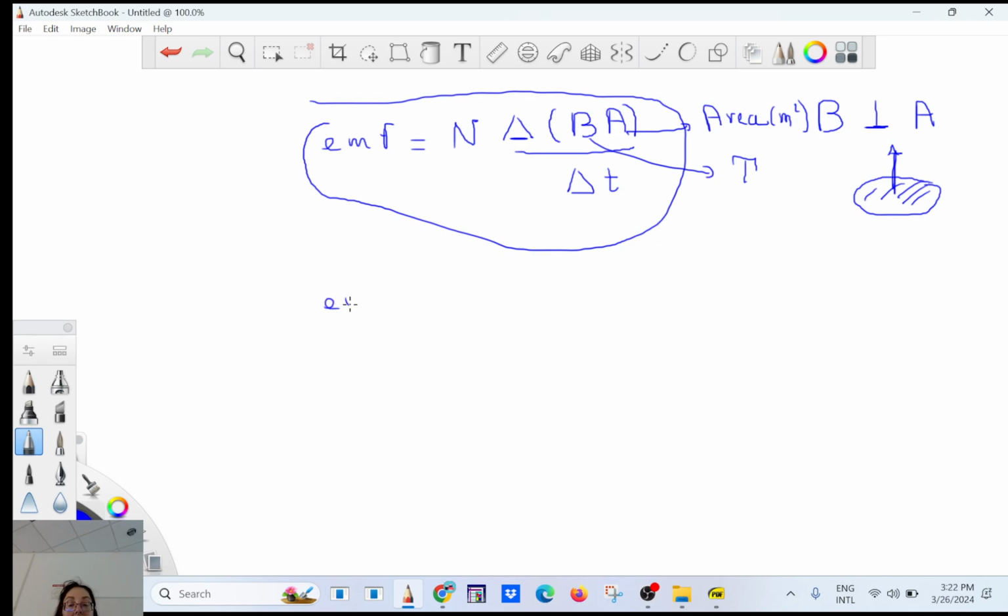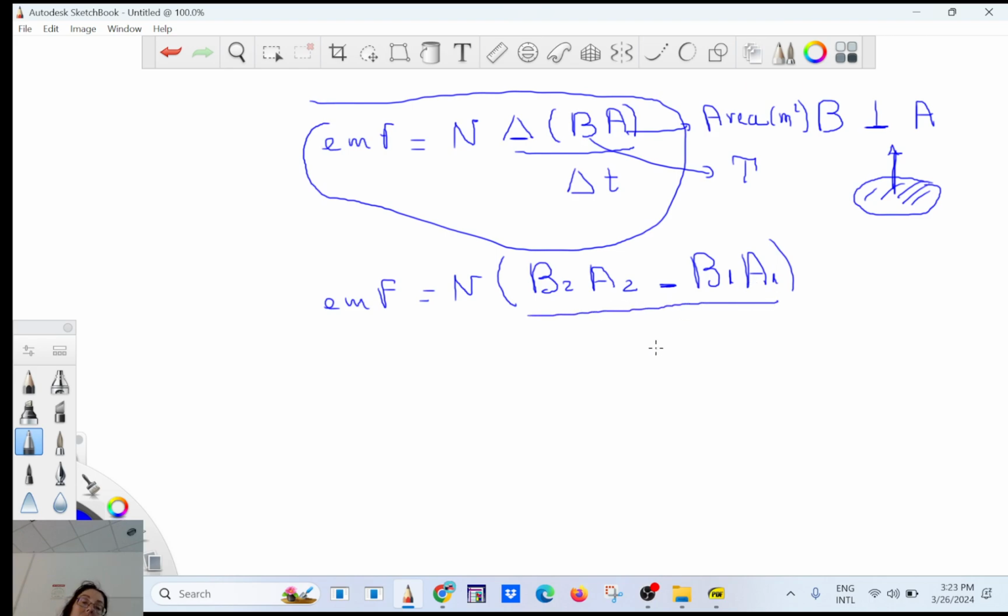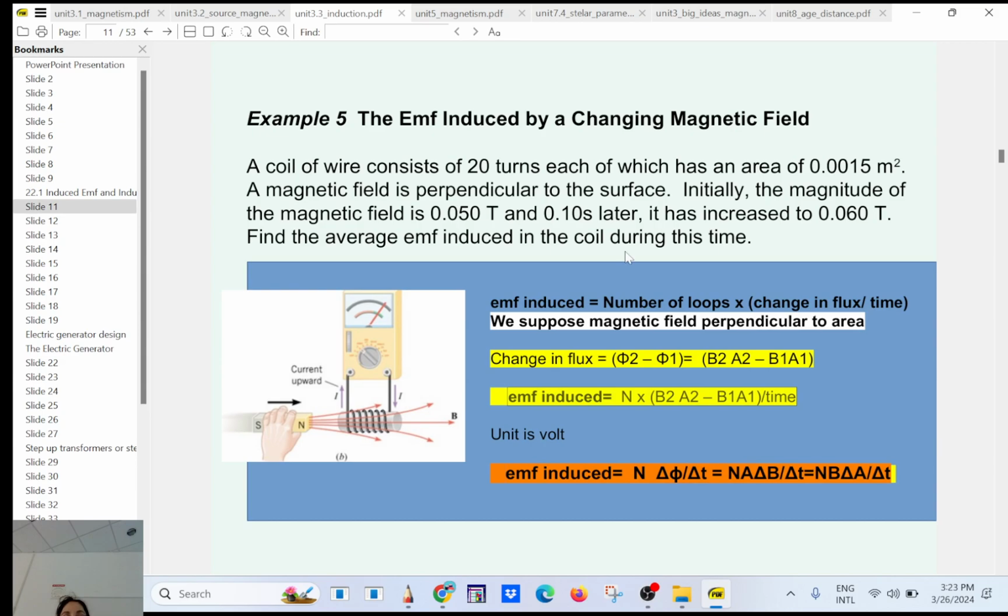So that means the EMF will be equal to the change, so B after times area after, minus B before times area before. And here you're going to put the time elapsed. Okay? So let's find how to use this equation here.